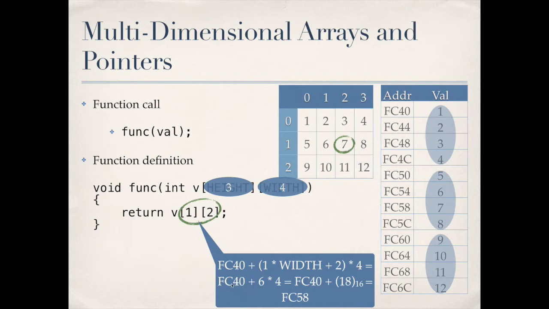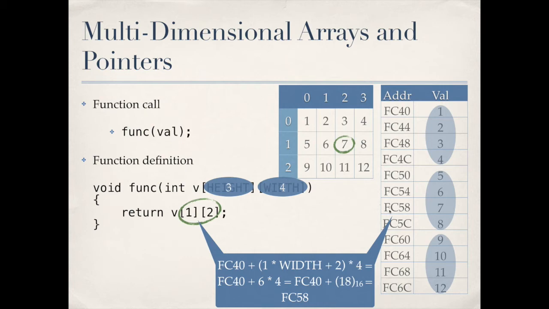So this means we have FC40 plus 6 times 4, which would be 24 in the decimal system, and in the hexadecimal system it would be 18. 24, you see here, 8 plus 16 would be 24. So we add FC40 plus 18, and this would be FC58, which is here.